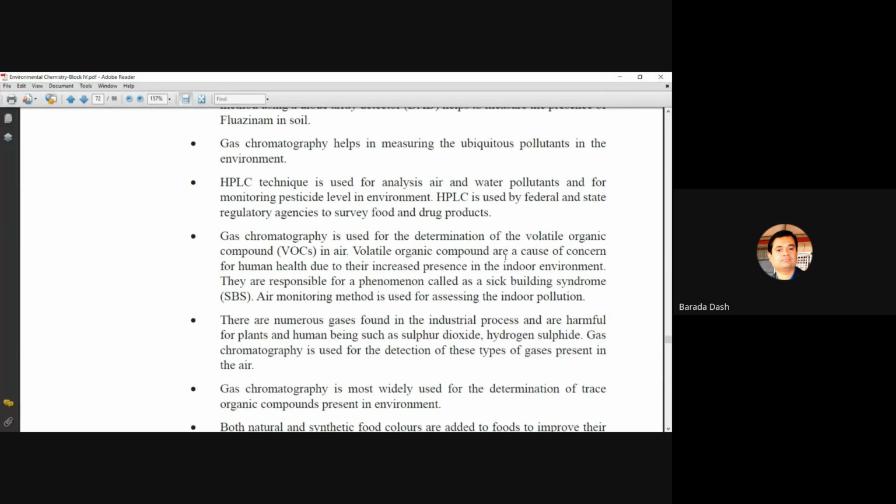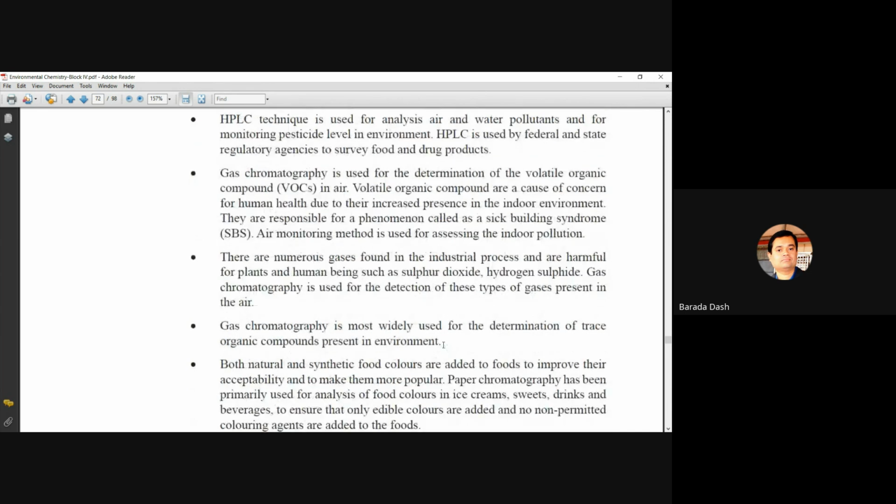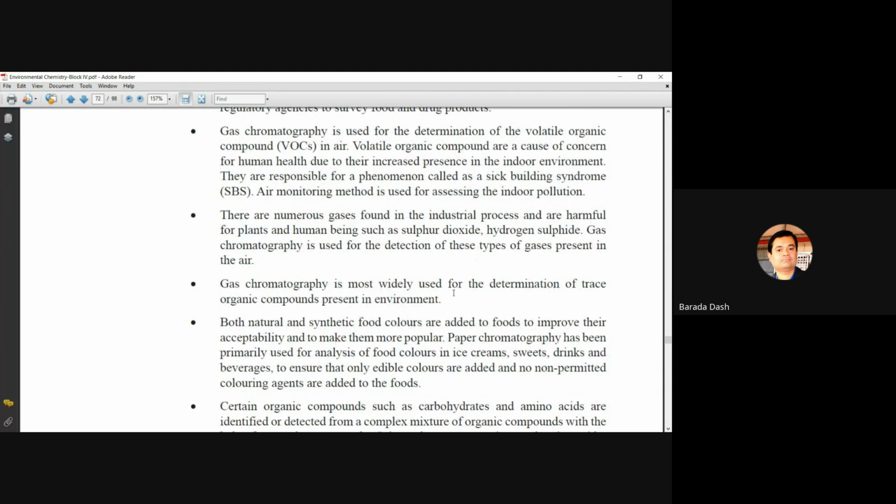Volatile organic compounds are a cause of concern for human health due to their increased presence in the indoor environment. They are responsible for a phenomenon called sick building syndrome (SBS). Air monitoring methods are used for assessing indoor air pollution. So gas chromatography is most widely used for determination of trace organic compounds present in the environment.